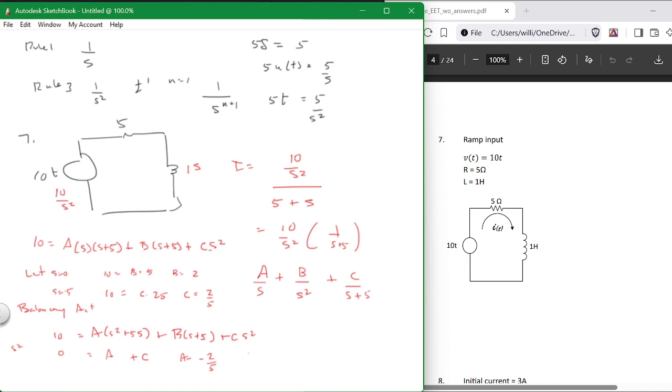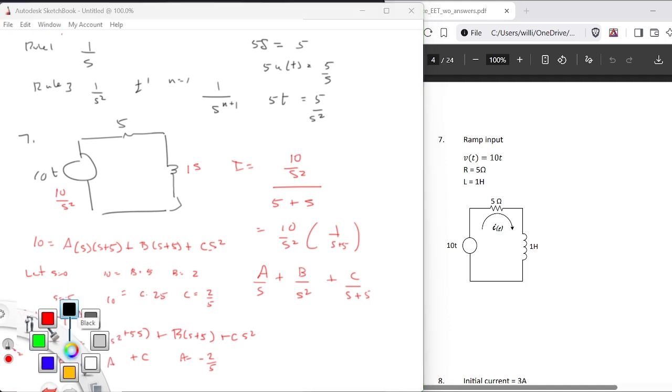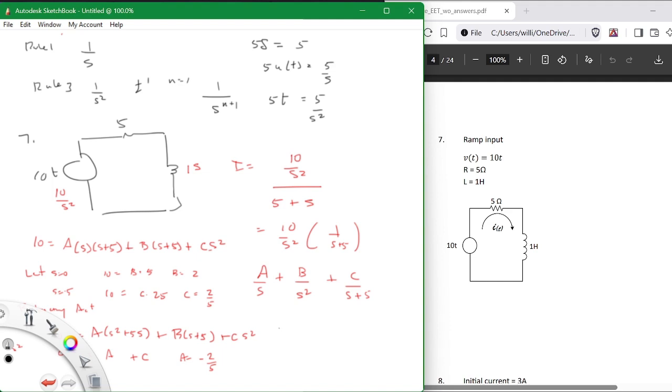So now we go back and we rewrite this, right? What do we say? What's our final answer? I of t is equal to, the A term is minus 2/5.